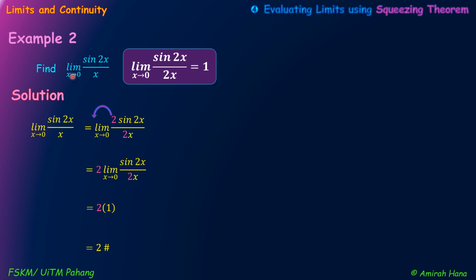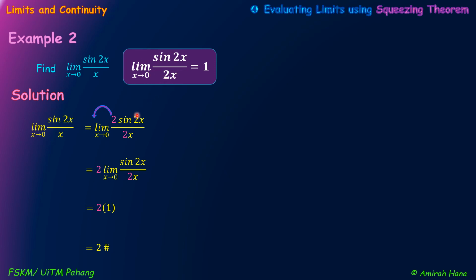From the given question, limit x approaches 0 sine 2x over x. We are given the denominator not equal to the angle of sine. So what should we do? Never adjust the angle of sine. But we need to adjust the denominator until it exactly equals the angle of sine so that we can use the squeezing theorem here.